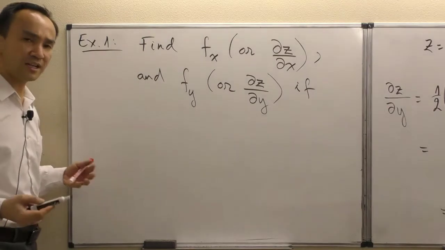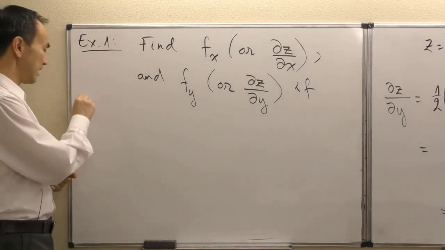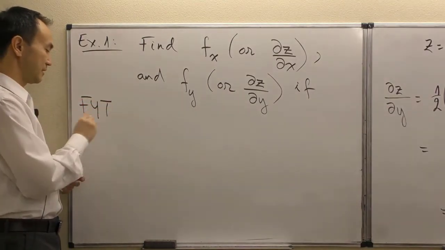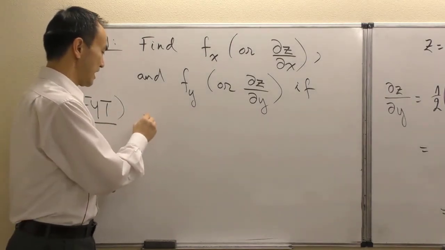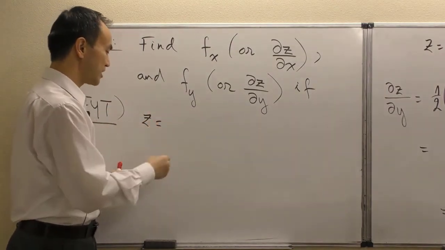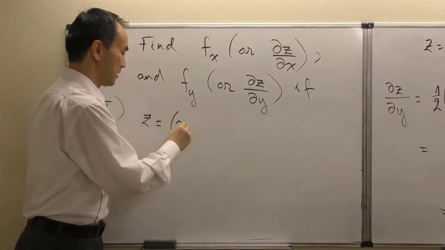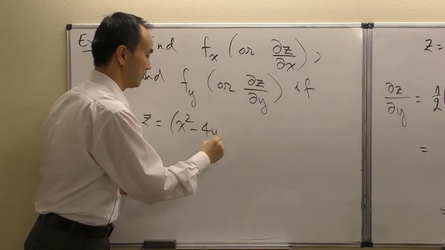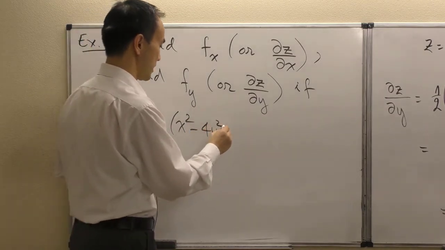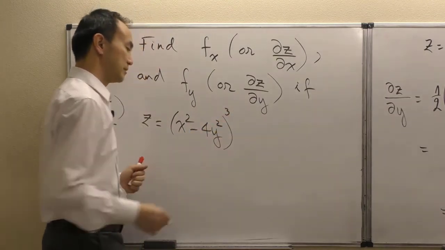All right, so now let's go ahead and look at some FYT right here. What I have for anyone to try independently is, how about z equals x squared minus 4y squared to the third power.